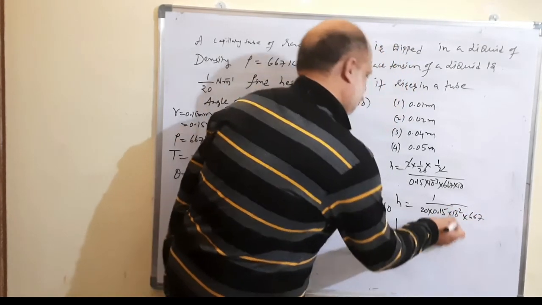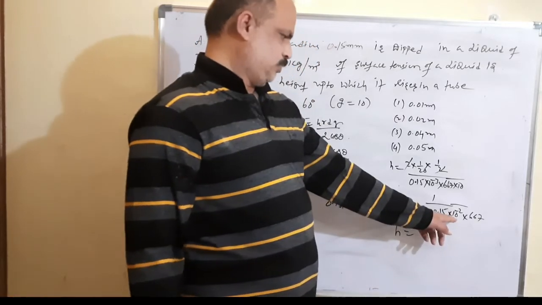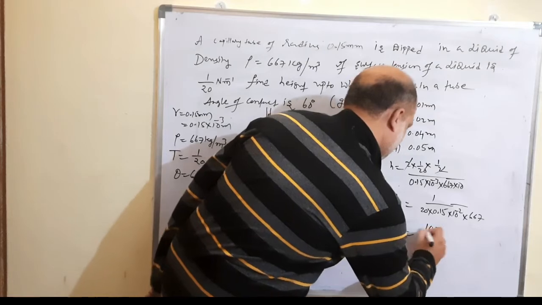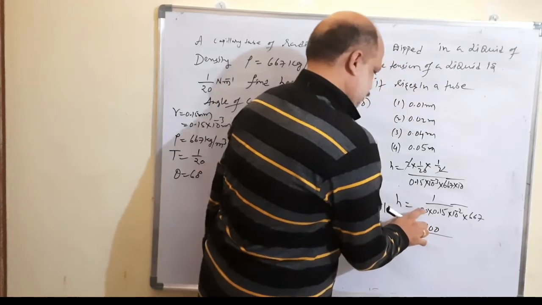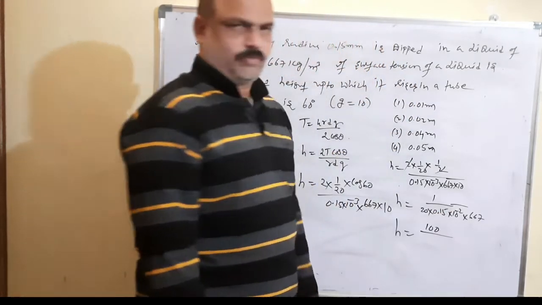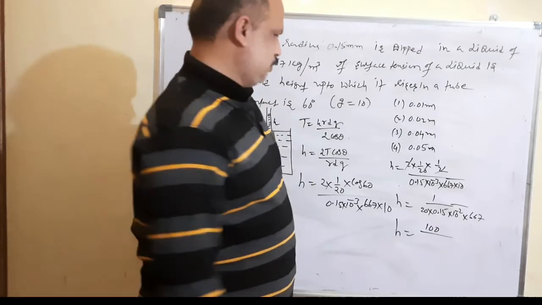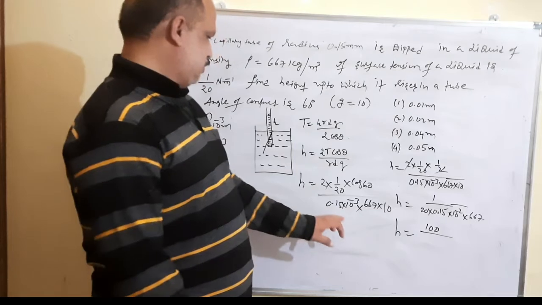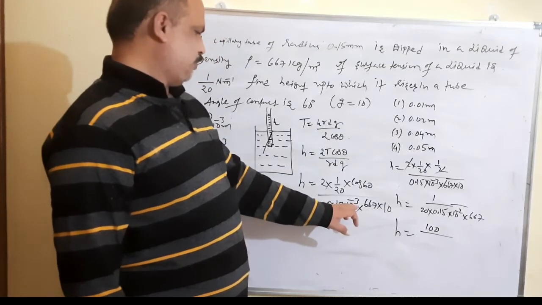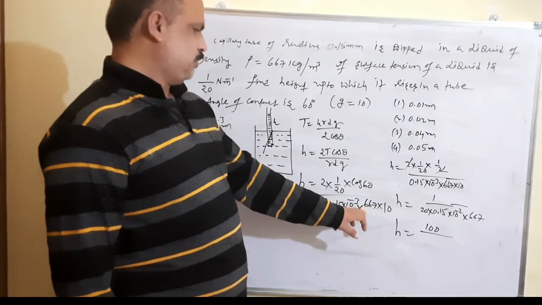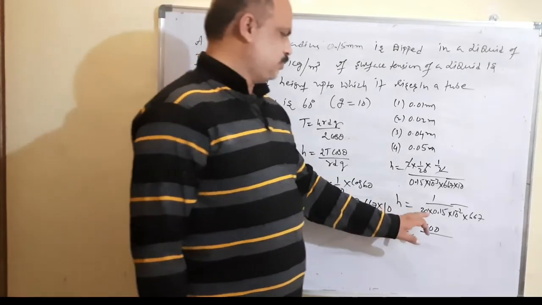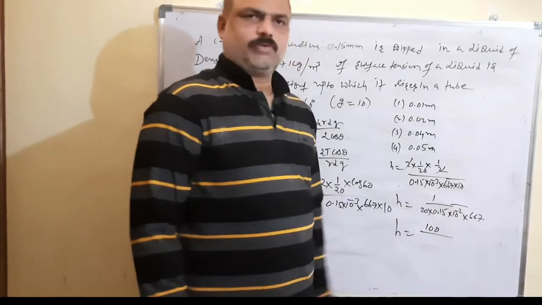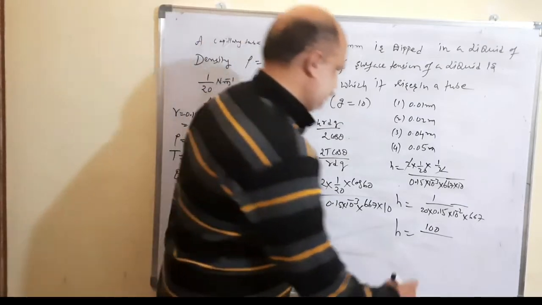Now this 10 to the power of minus 2 goes to the numerator, then it becomes 100 divided by 20 into 0.15 into 667. 20 into 0.15 is equal to 3.